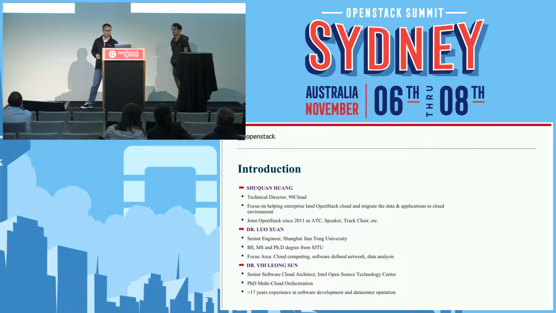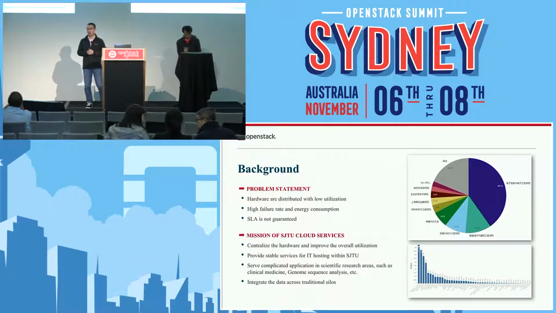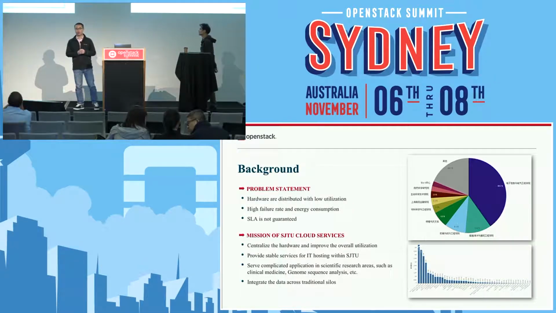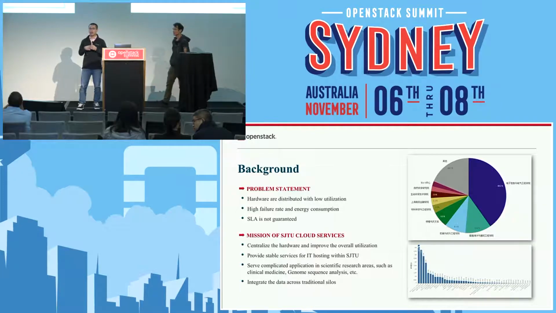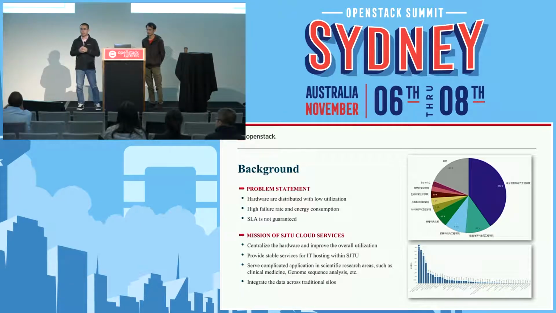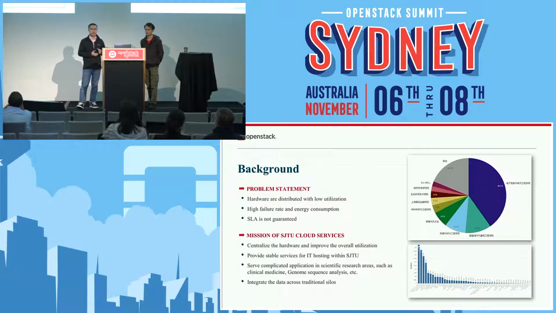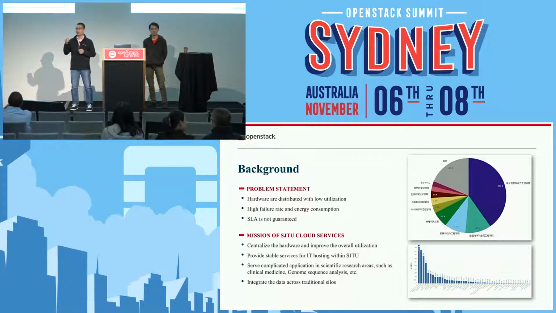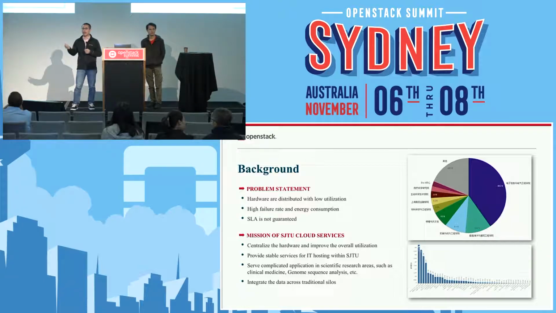Okay. So the background. First of all, we work closely with Shanghai Jiao Tong University. In the university, there are many colleges and institutes. They have their own small data centers. Those data centers have their own administrators to manage resources, providing compute, storage, and networking for the researchers or professors to do scientific work.